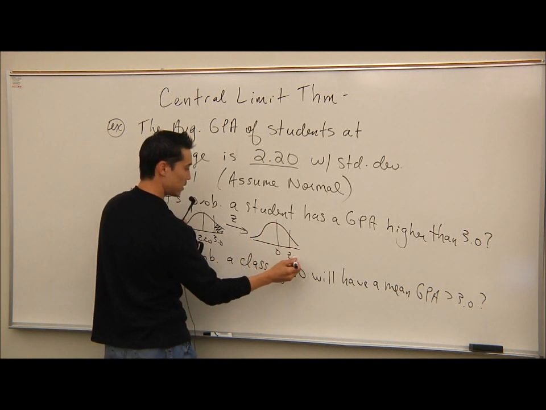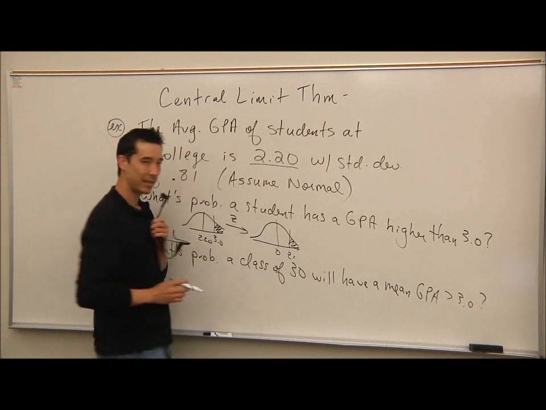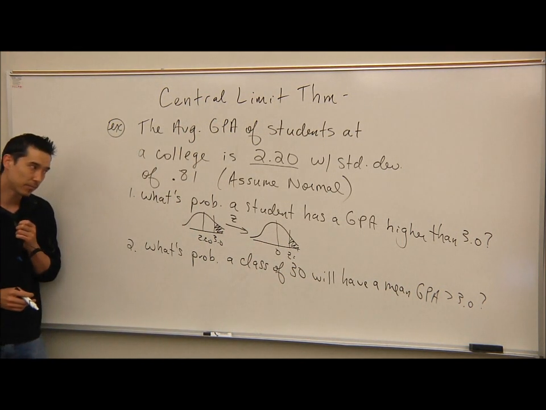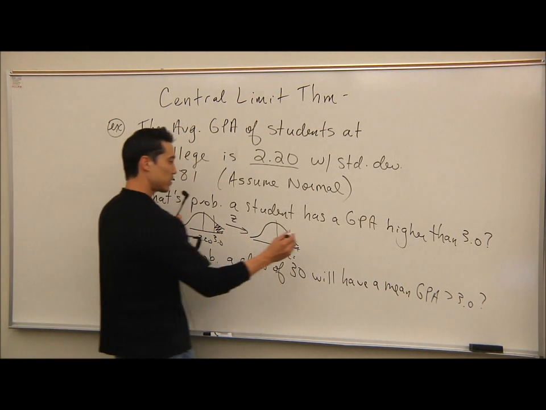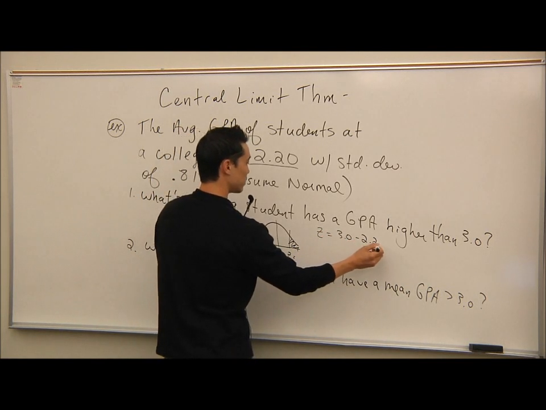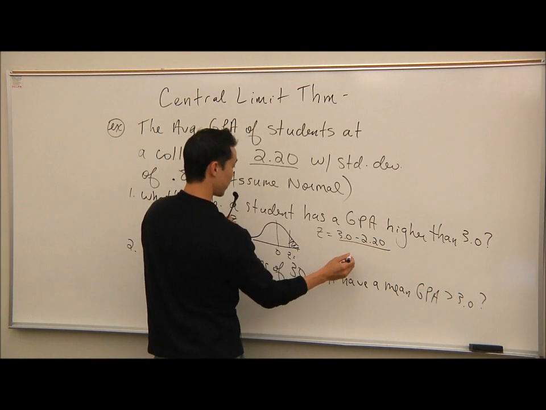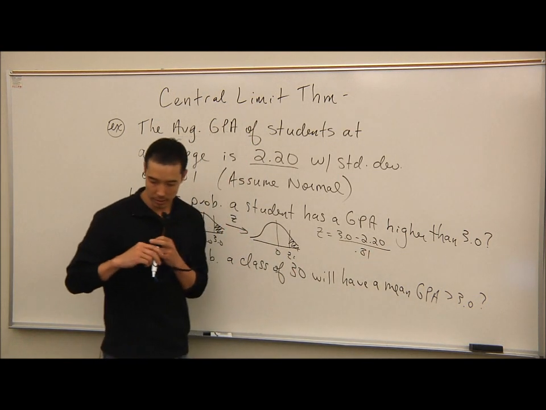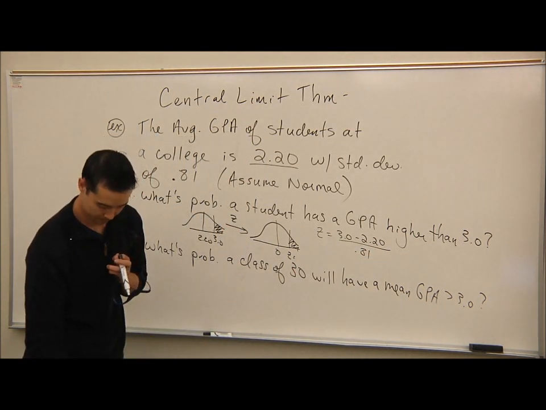Zero, z. And we want the area to the right of that z value. So that z value is going to be 3.0 minus 2.20 divided by 0.81. So grab your calculators and let's calculate that.